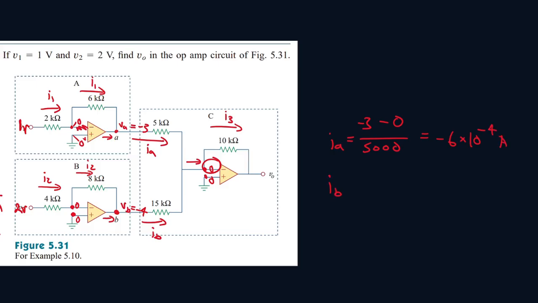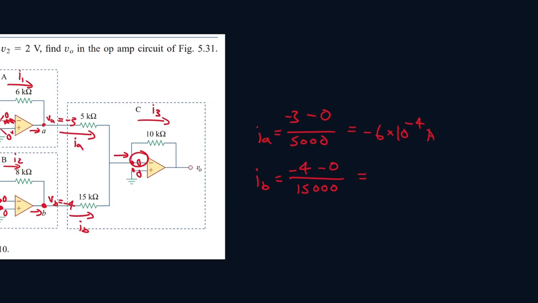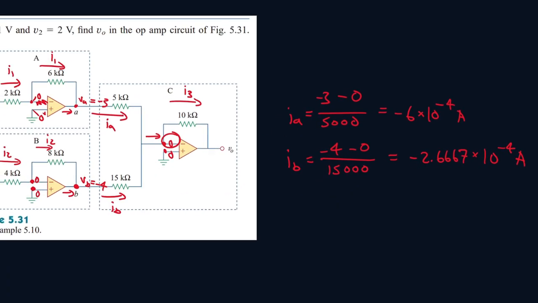And then IB will be minus 4 minus 0 all over 15,000 ohms. And that gives you minus 2.6667 times 10 to the minus 4 amps.